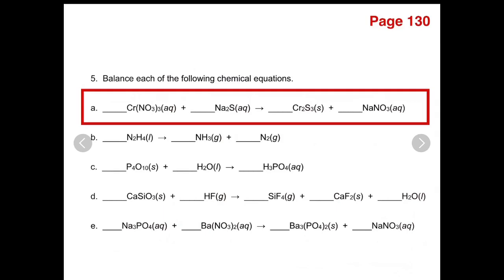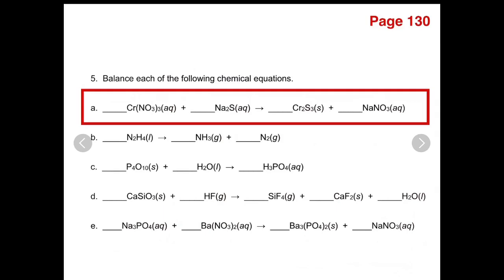The first expectation would be giving you the name, then you write out the chemical formula, then you put it into the chemical equation, and then you balance it. This one, I already give you the chemical formula. The only thing you need to do is balance the chemical equation, right? There is some tip for this that I would like to go over so that you understand it better. So let's take a look at 5a together.